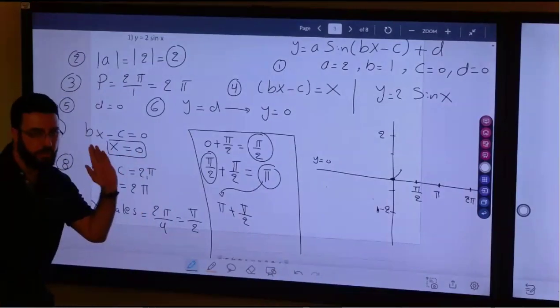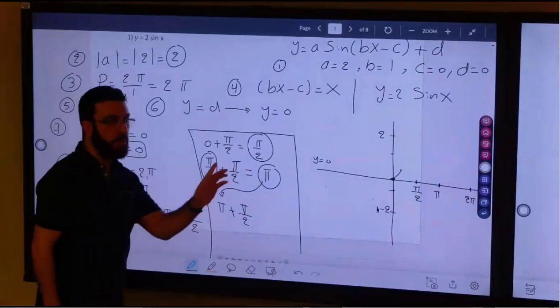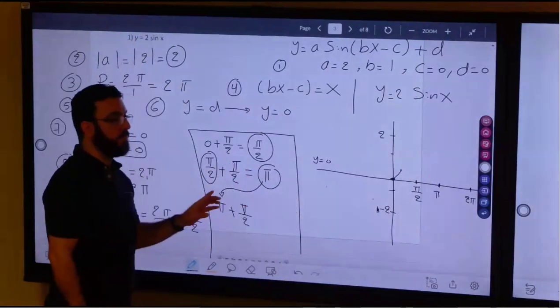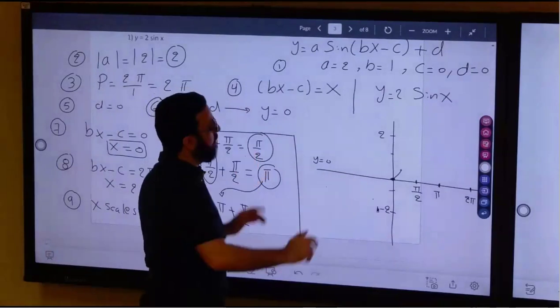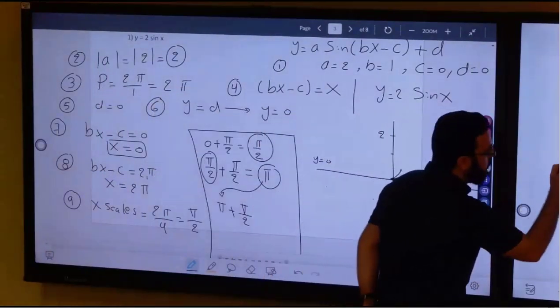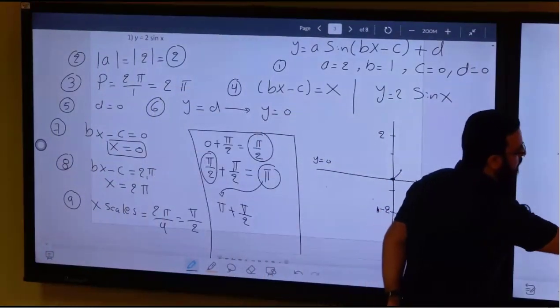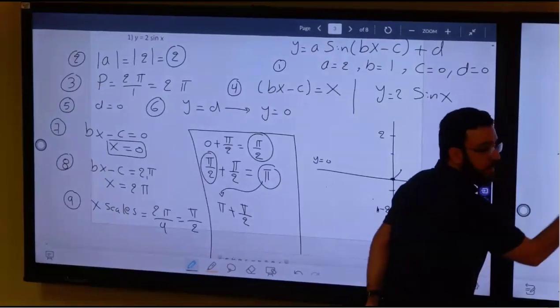You have to focus. This is the best example. So pi over 2 plus pi over 2, how do you get pi? Okay, let's do it on the side. So pi over 2 plus pi over 2. Is that the same denominator?